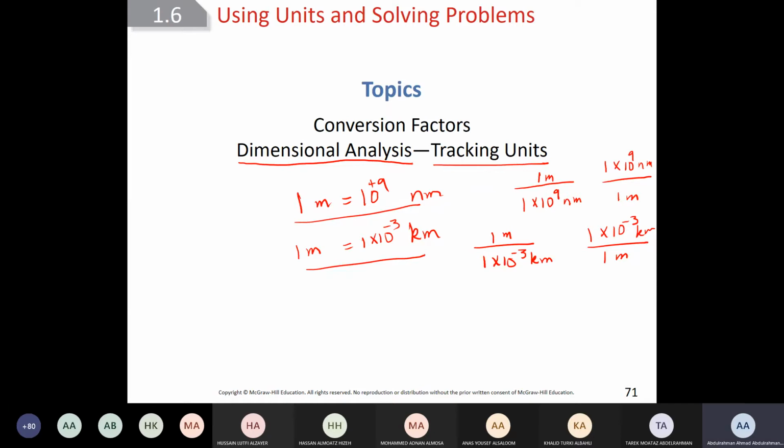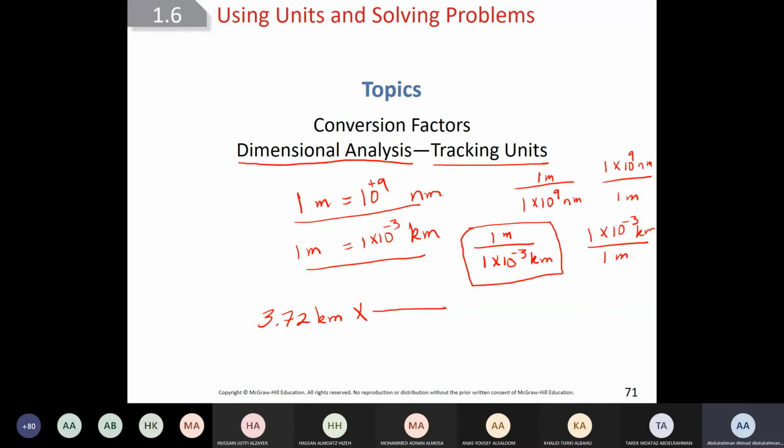Okay, good. Now, if I have 3.72 kilometers, how many nanometers is this? Can't tell you right away. Use the conversion factor, or the fraction method, to get rid of the units.